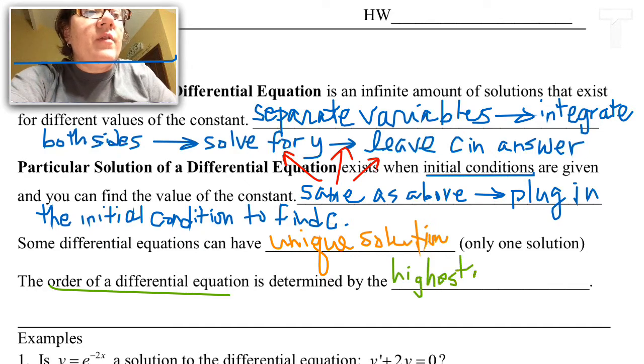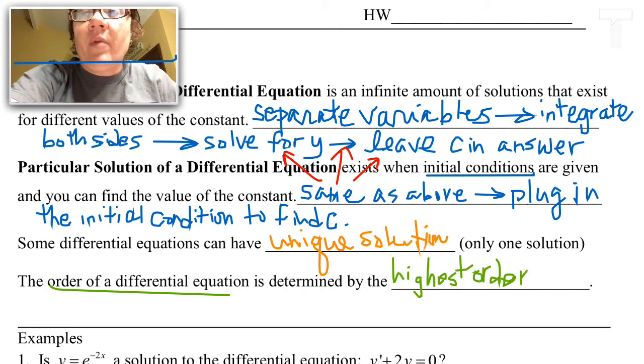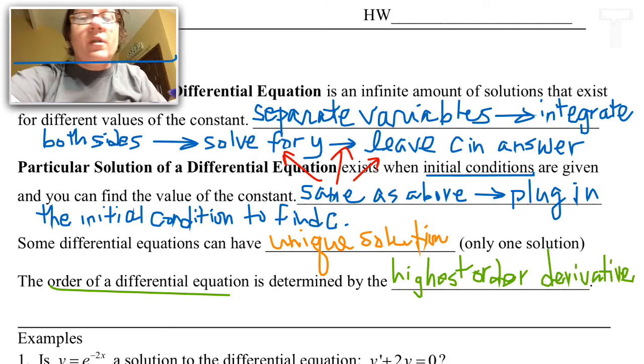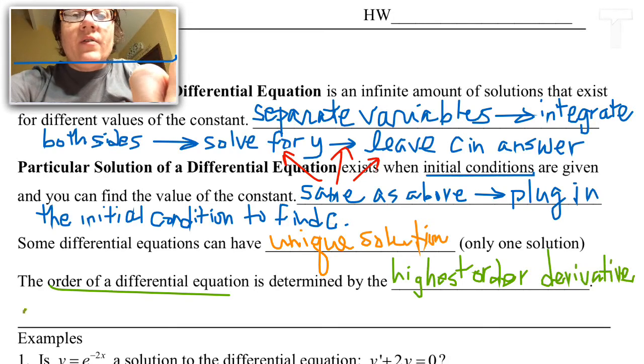And I think of this very similar to trying to decide the degree of a polynomial. So on a polynomial, I look for the highest exponent. In this case, I'm looking for the highest derivative.